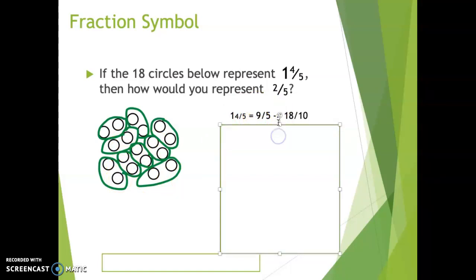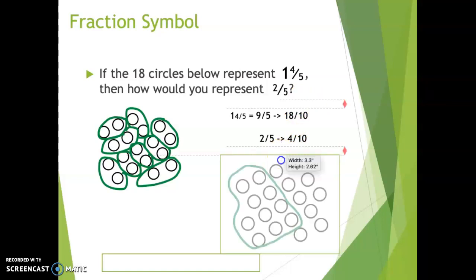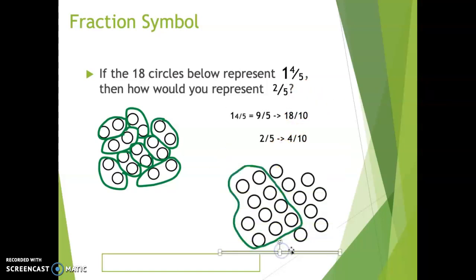So I created that circle. Then my next step and thought process here was, how do I represent 2/5? Well, 2/5 can be made into 4/10. So now I have a common denominator of 10. Then my next thought was, okay, now I have 2.